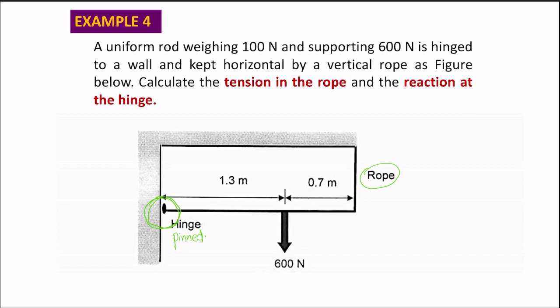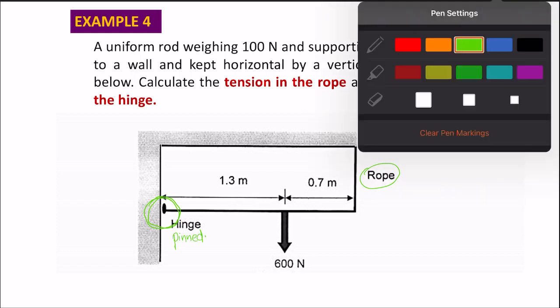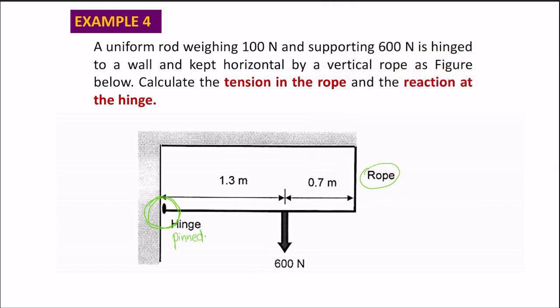Kita identify dulu apa yang kita perlukan. Right. So when there is a pin support, you know that it can't resist moment because they allow rotation. However, it can resist forces, horizontal and vertical. That's why there is a Fy over there.